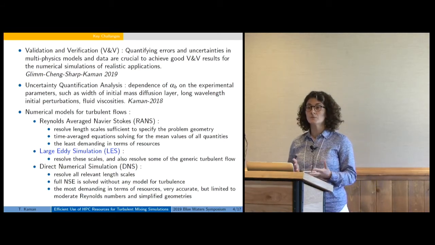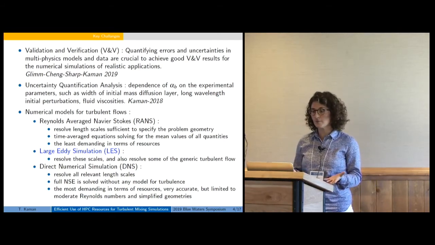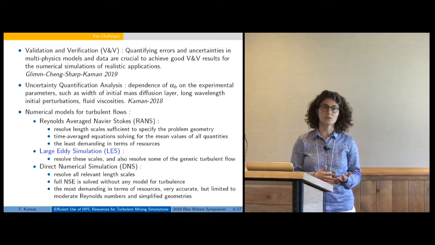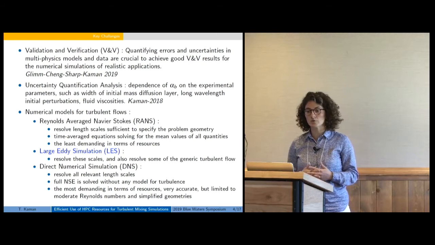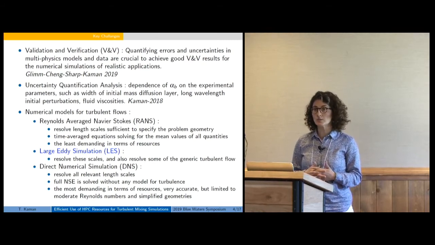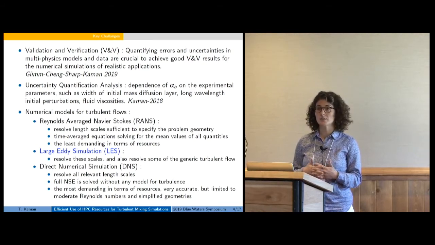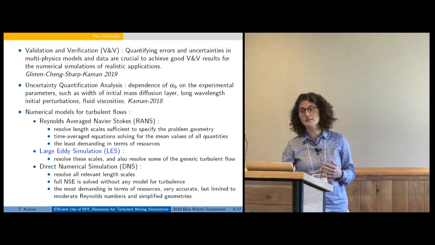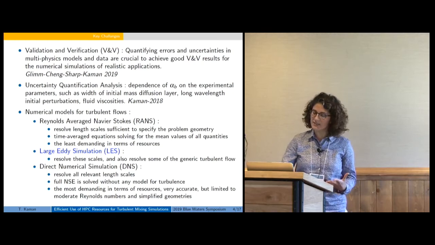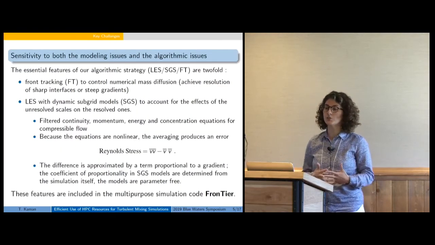DNS is the most accurate within all these three models, but it has some limitations, such as moderate Reynolds numbers or simplified geometries. So we use in our model Large Eddy Simulation, and we also show the sensitivity of modeling issues.